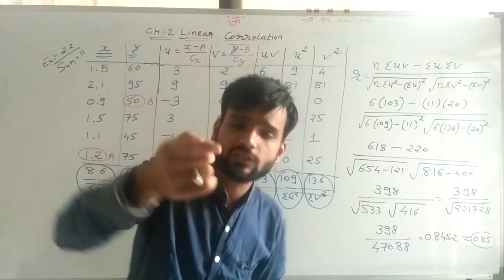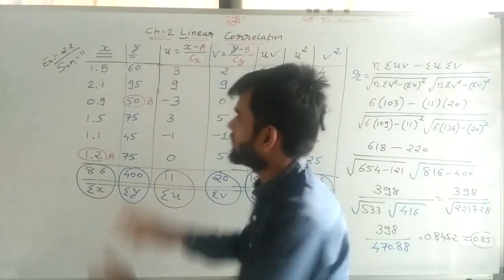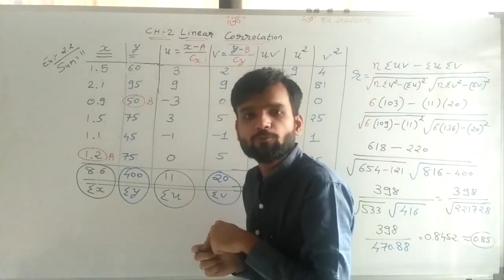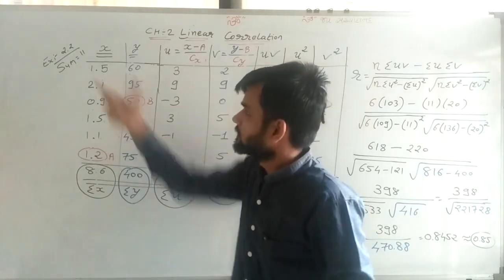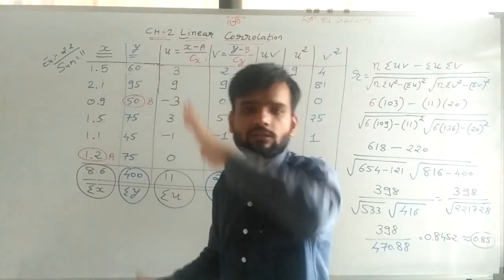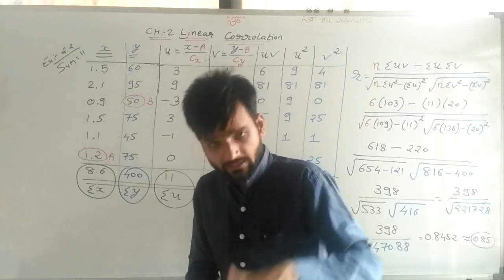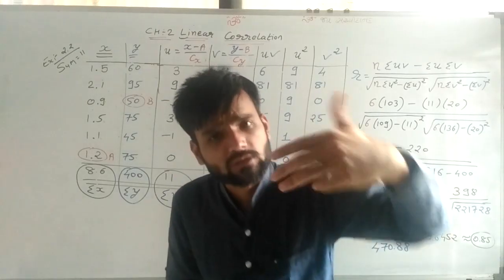Why? Because in the third formula we are converting big values into small values, and fraction values into non-fraction, natural values, and that's why the calculation becomes easy.